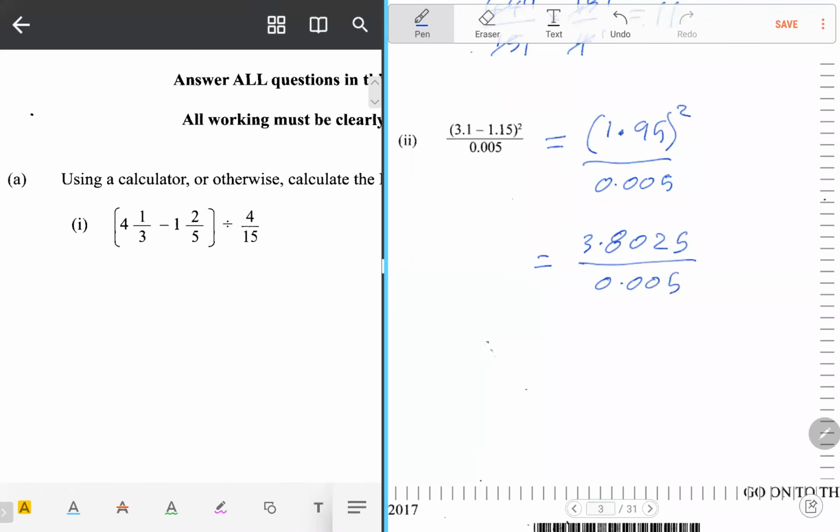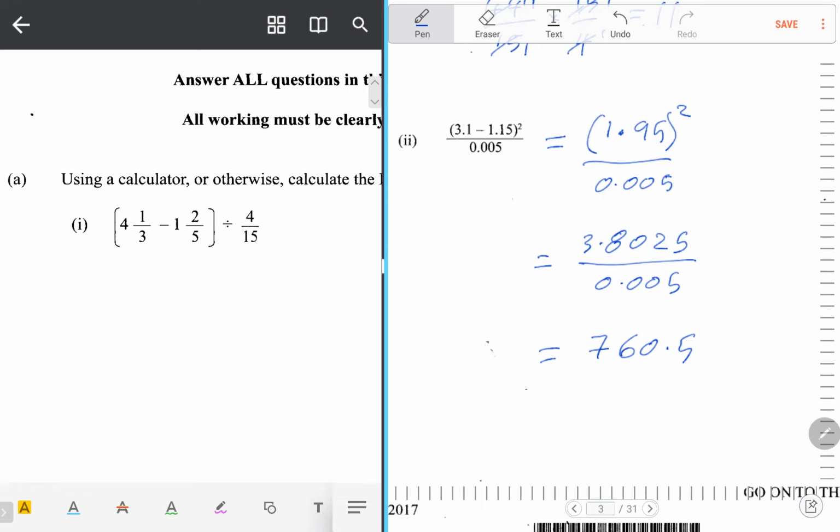And then you use a calculator, you work that out, you will get a value of 760.5. Basically, that is it. You can check it with me as you go along. Check it with the calculators as you go along. So that's what you're supposed to get. All right, that's the first part.